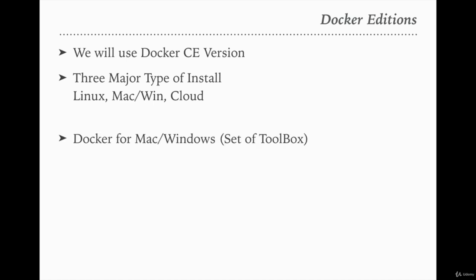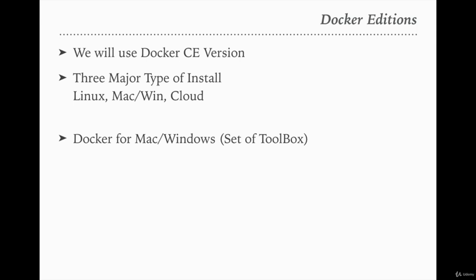Docker for Mac and Windows comes with a default toolbox. When we install Docker on a Mac or Windows machine, we have to install a set of tools, which is called the Docker toolset, a combination of different tools. Why is this toolset required?